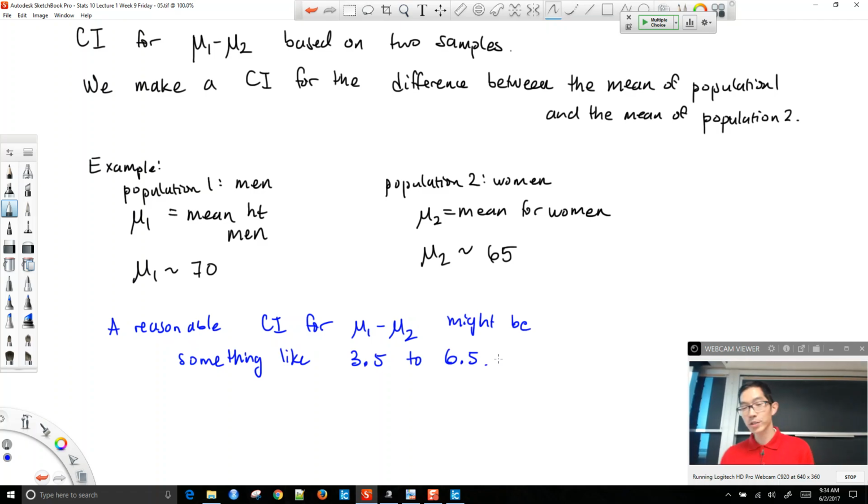Or we can just say 3 to 7 or 4 to 6, something around there. And this is the difference between the average height of men and the average height of women.